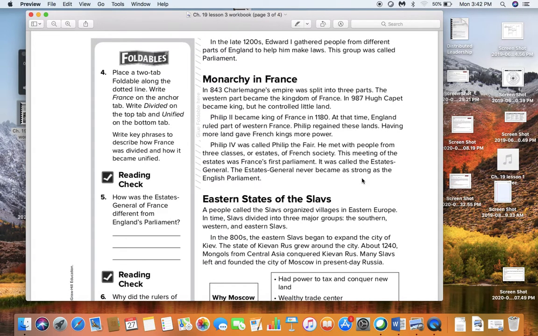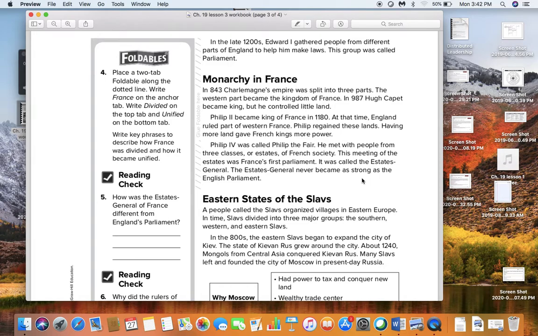In 987, Hugh Capet became king, but he controlled little land. Philip II became king of France in 1180. At that time, England ruled part of western France. Philip reclaimed these lands. Having more land gave French kings more power.